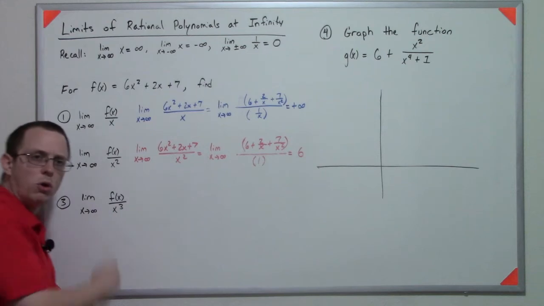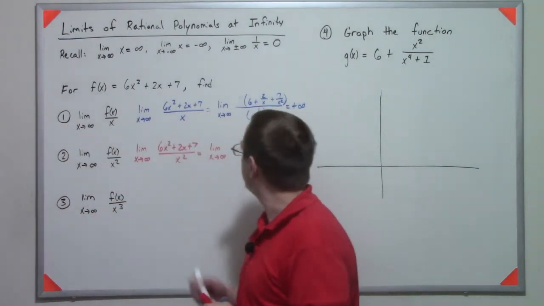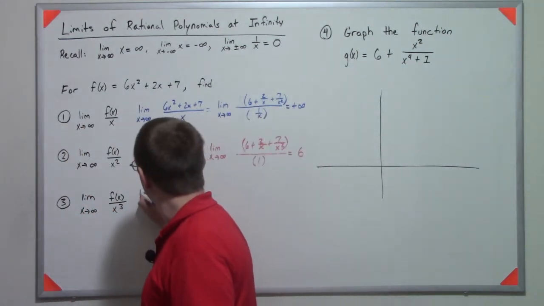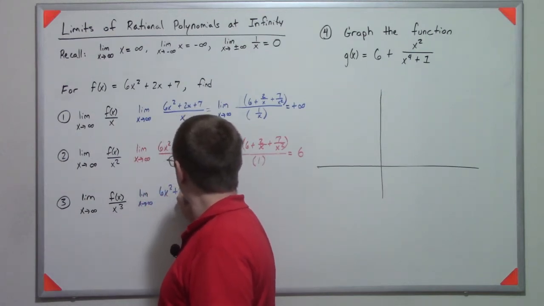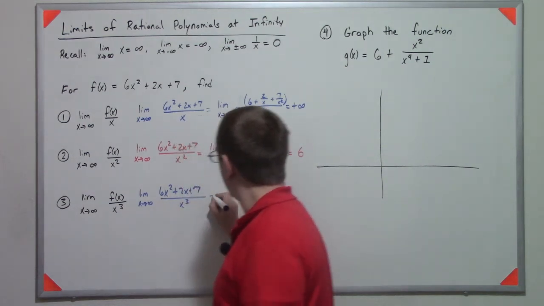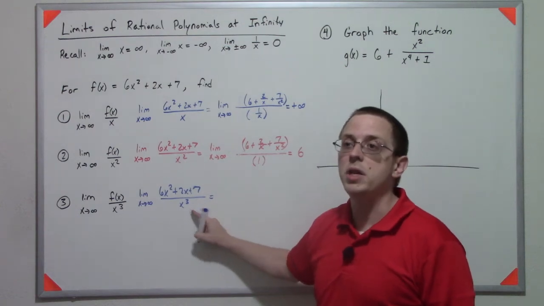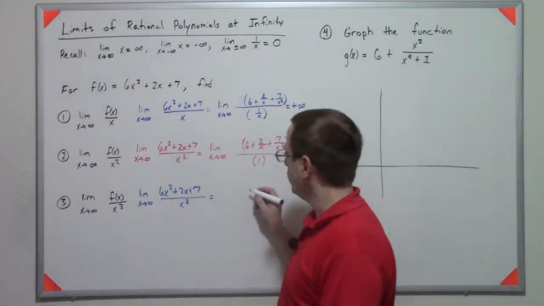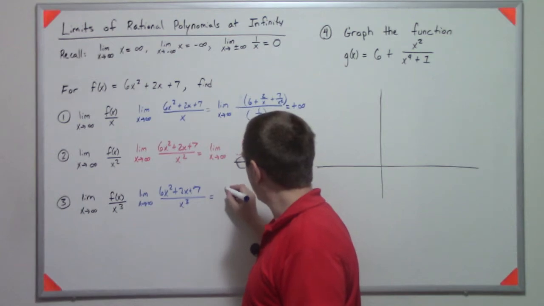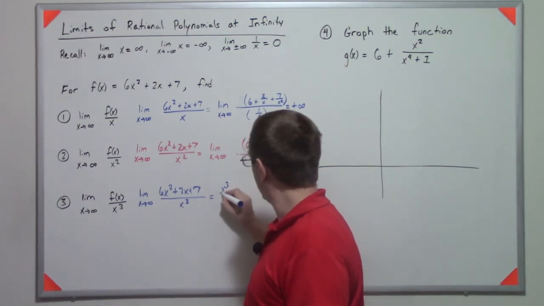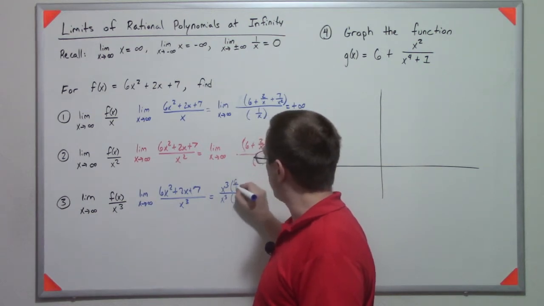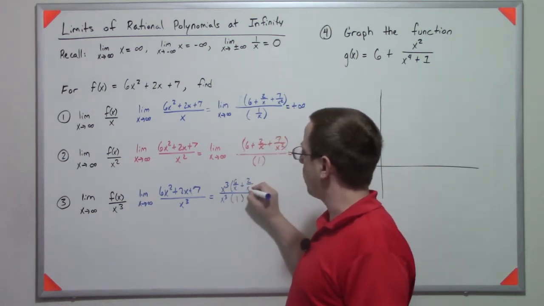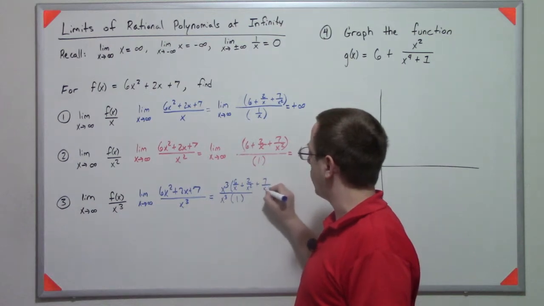So if the degree is larger on bottom, I wonder what we expect. In this case, x cubed is the largest piece, so let's go ahead and factor that out. So that's 6 over x plus 2 over x squared plus 7 over x cubed.